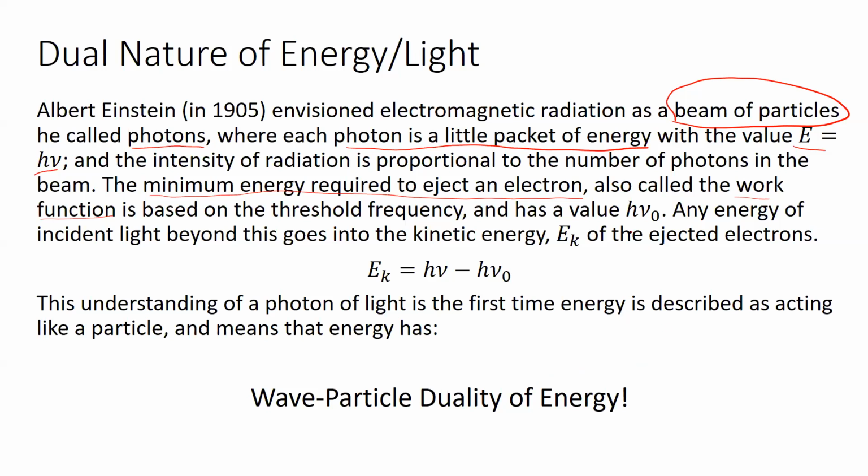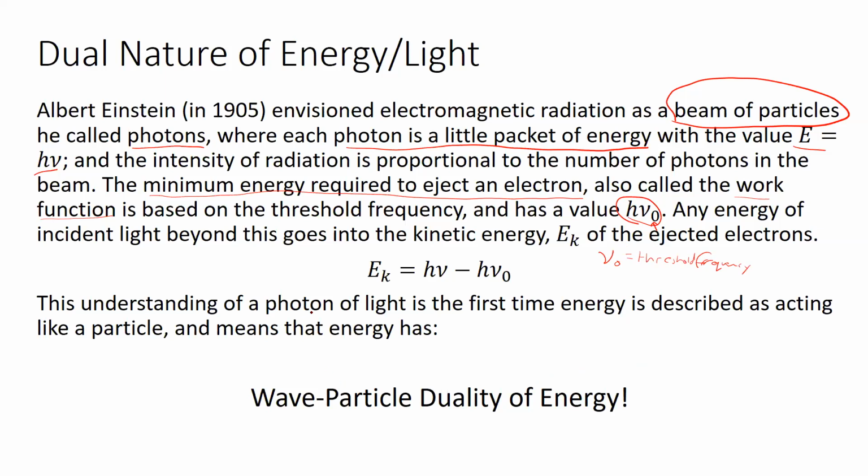And the work function of the metal has a value of h nu 0. And this nu 0 is the threshold frequency of the metal, okay? So nu 0 is the threshold frequency, that's the minimum frequency of light that will eject an electron.